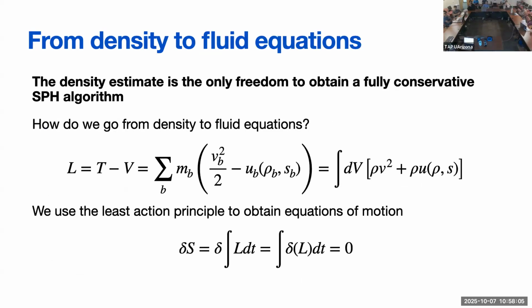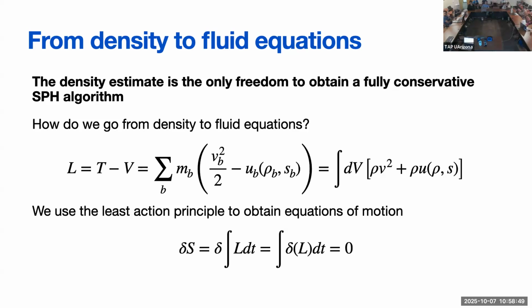Okay, so now I will show you a couple of equations. I don't really want you to understand completely what they say, but it's just to show you what hypotheses we make to obtain the evolution equations for the fluid quantities in SPH. A very important thing to point out is that when we want to write a fully conservative SPH algorithm, by fully conservative I mean that the angular momentum and the energy are exactly conserved in the simulation, the only degree of freedom is basically how we compute the density.